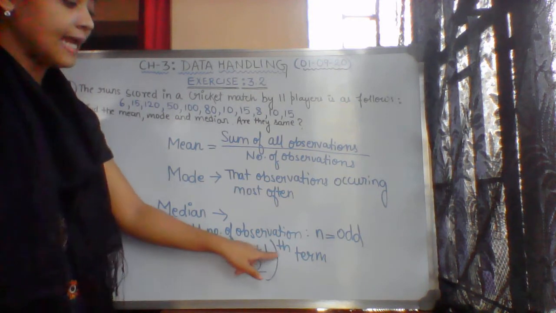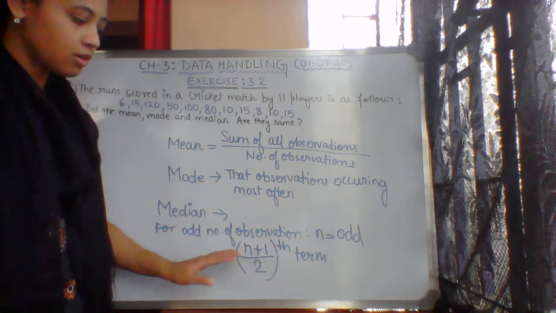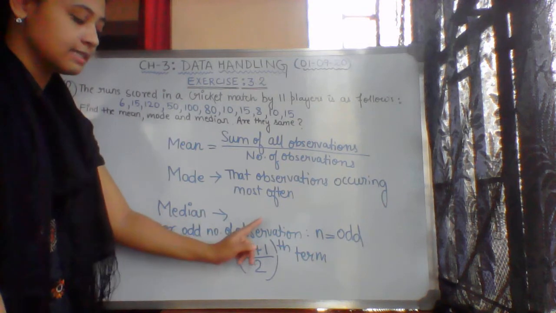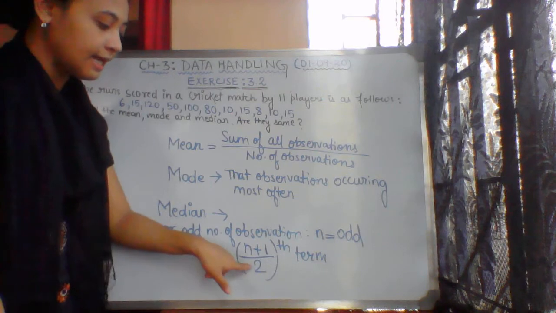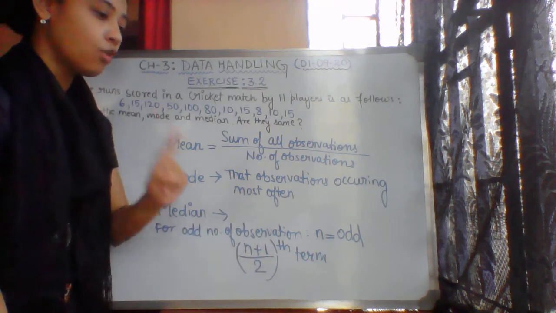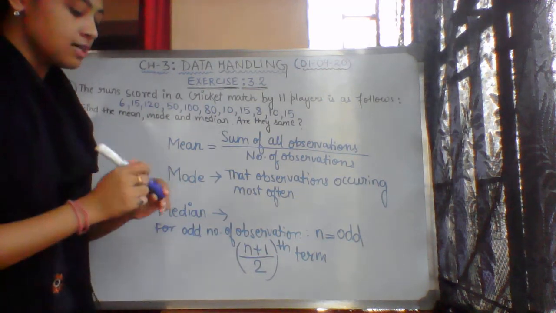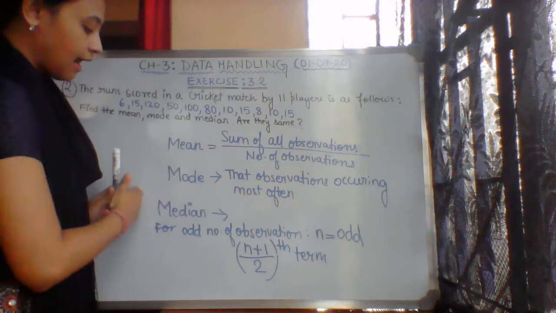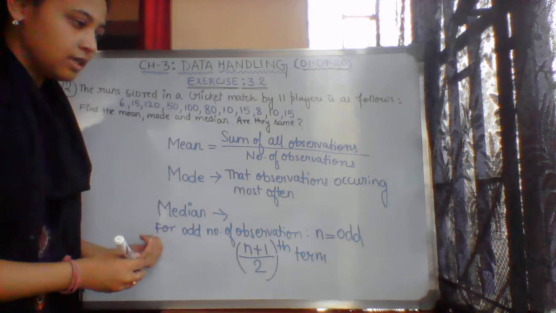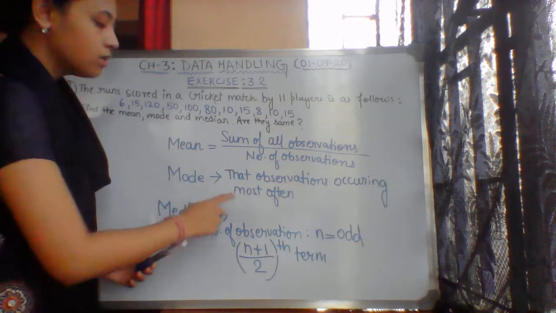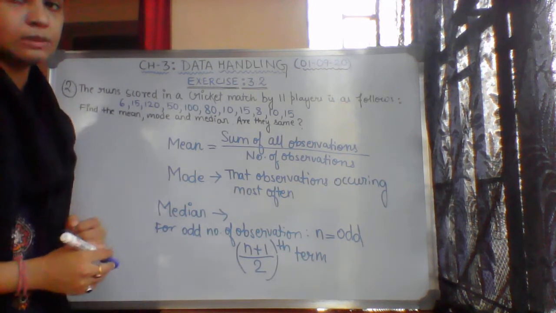So it is the 8th term. It is not that the value of median is 8. It is the 8th term. And how to get that 8th term? For that, we have to first arrange the data either in increasing order or in decreasing order. Then only you can count which one is the 8th term.